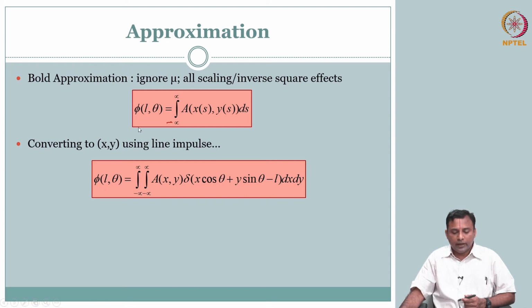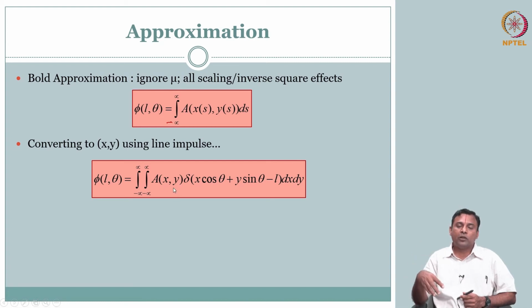Okay. So, you can write this phi of L comma theta as a of x comma y, where you have used the delta function to pick it, that is along that line, which is what was written here. If you look at this, it is nothing more than very similar to your g of L comma theta, where you had mu or f of x comma y.